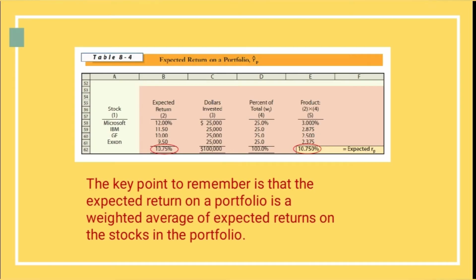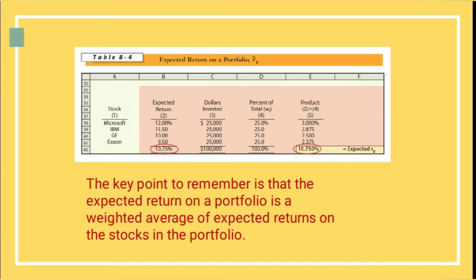Another example would be Table 8.4, which can be used to implement the equation. Here we assume that an analyst estimated returns on the 4 stocks shown in column 1 for the coming year, as shown in column 2. Suppose further that you had $100,000 and you plan to invest $25,000, or 25% of the total, in each stock.